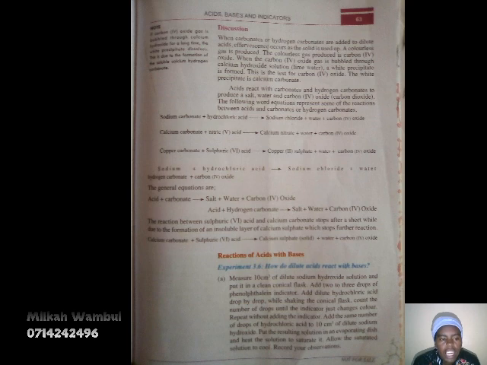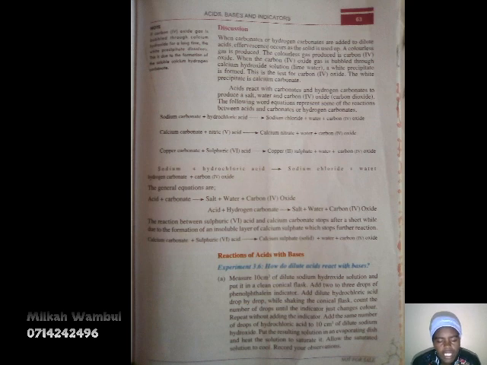If you take a carbonate, for example sodium carbonate, and react it with hydrochloric acid, the salt formed will be sodium chloride, because the salt of hydrochloric acid is a chloride, plus water plus carbon dioxide.